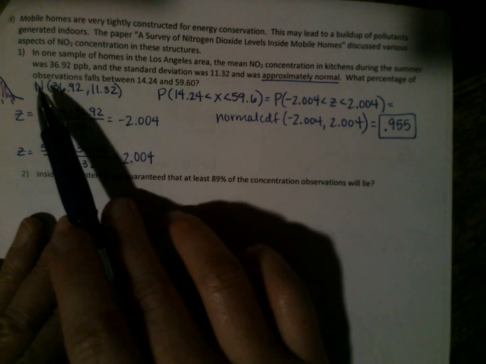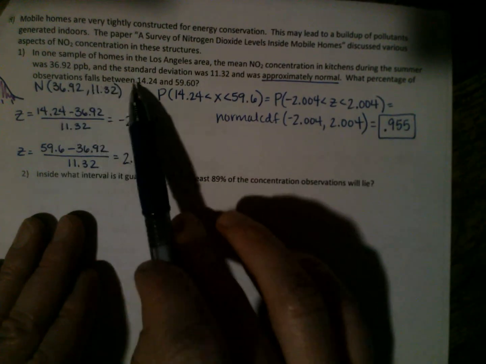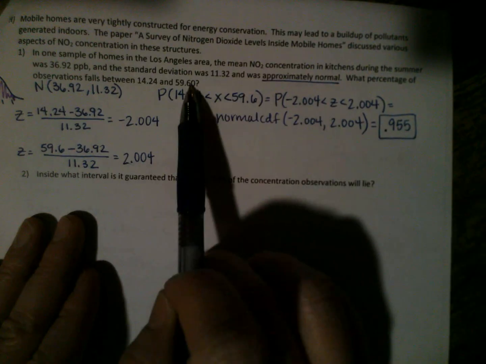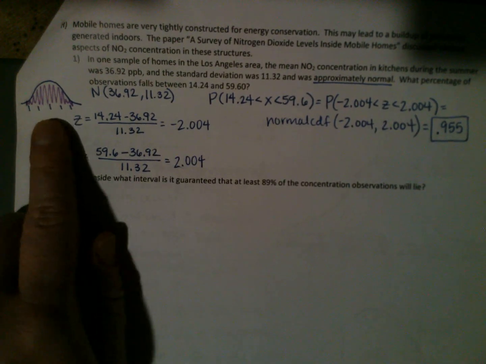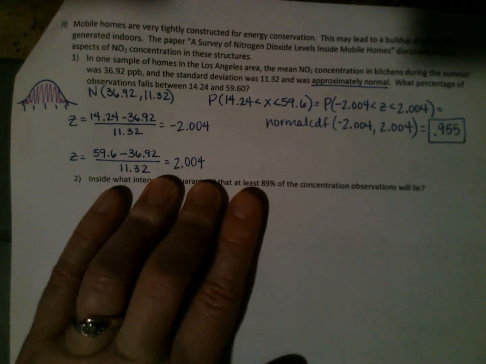All of that noted here. We were looking for what percent of observations falls between 14.24 and 59.6. I didn't bother drawing and labeling every value on the curve. As you can see over here, I drew a very rough sketch.